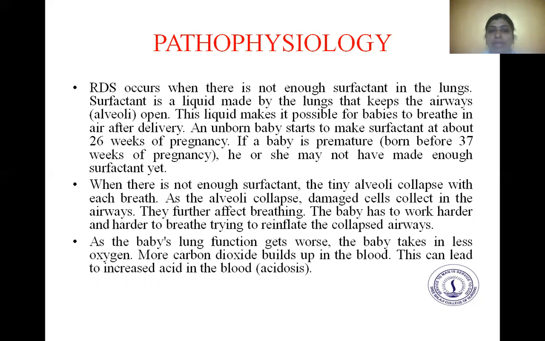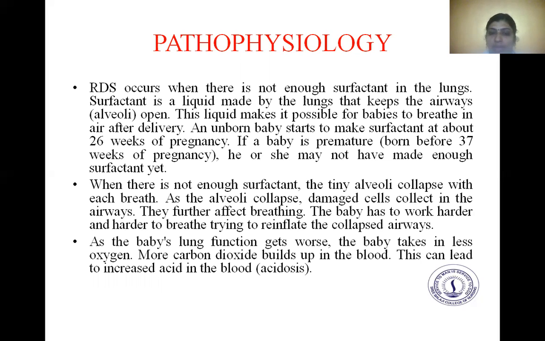As the baby's lung function gets worse, the baby takes in less oxygen. More carbon dioxide builds up in the blood. This leads to increased acid in the blood, called acidosis. In case of acidosis, the pH level will be low. Usually the normal pH level is 7.35 to 7.45.